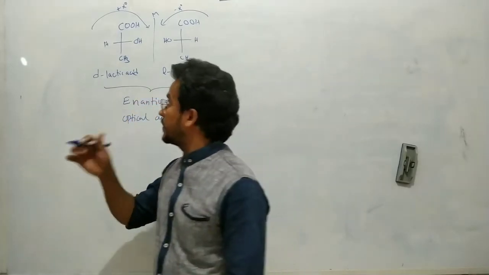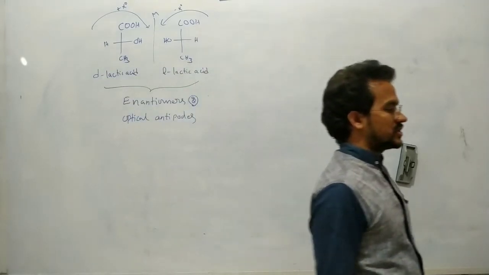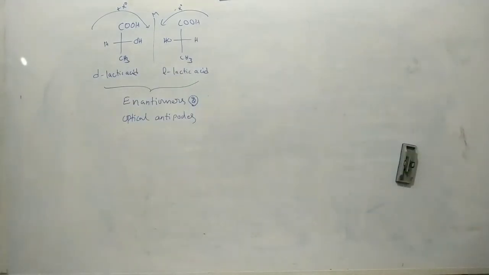Okay, so write the definition. Side heading: enantiomers are optical antipodes. Compounds which are mirror images and non-superimposable on each other.